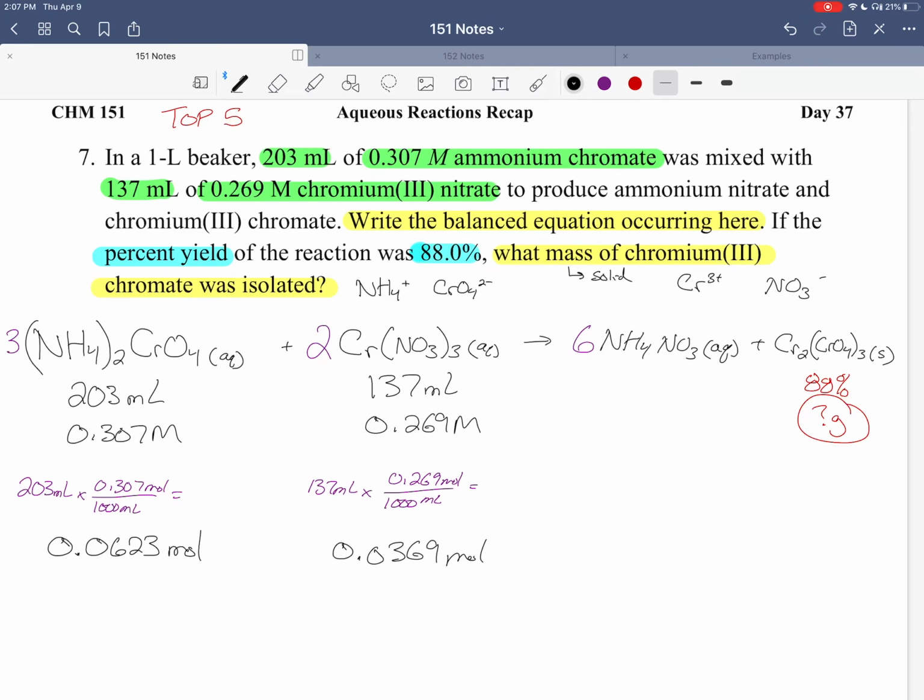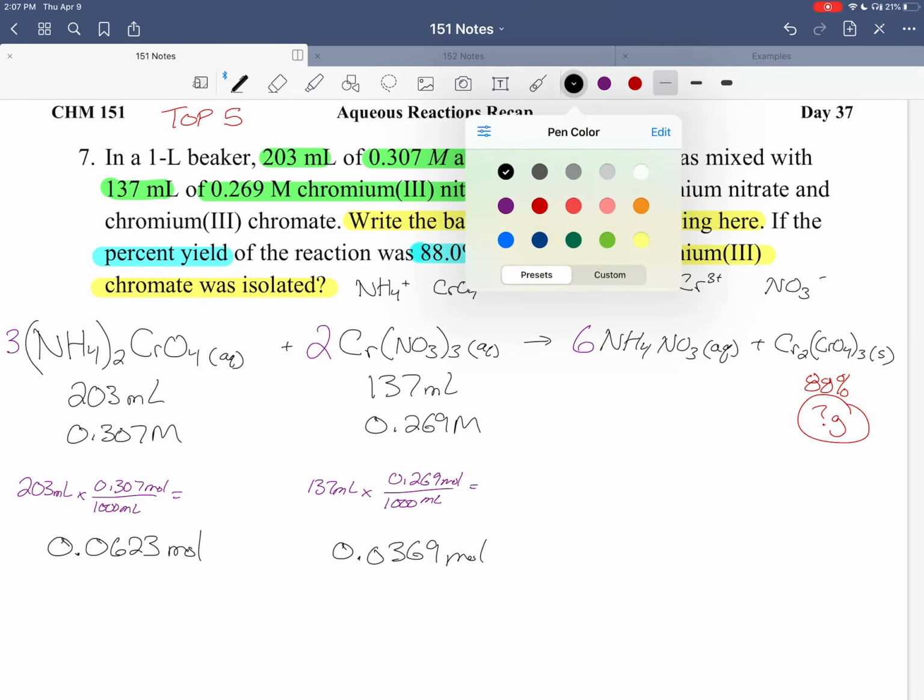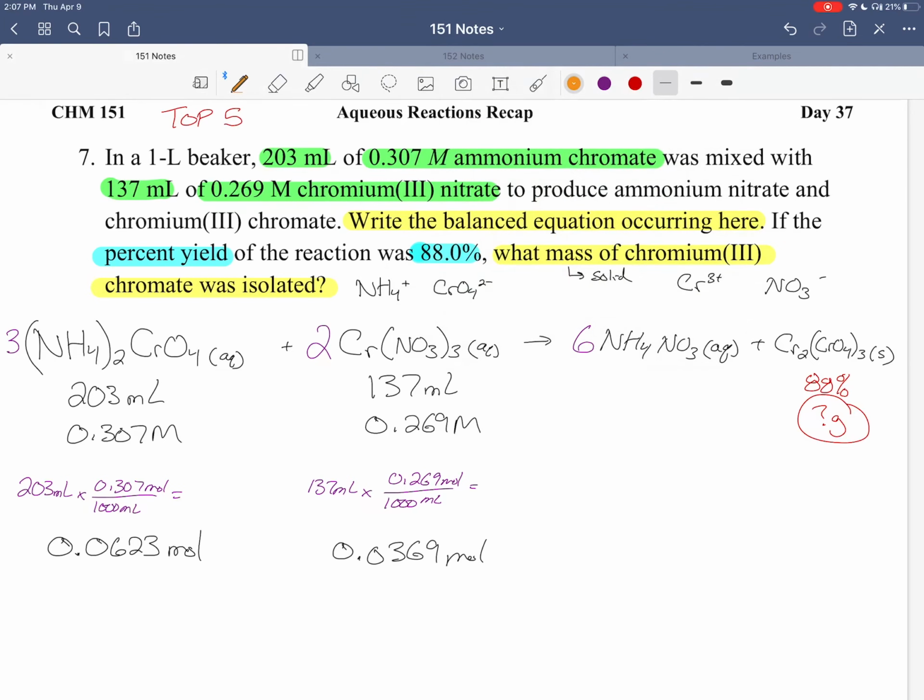Now we have to find the limiting reactant. How do we find the limiting reactant? Well, we divide by the coefficient. 0.0623 divided by 3, and 0.0369 divided by 2. If I do those, I get 0.021 and 0.018.